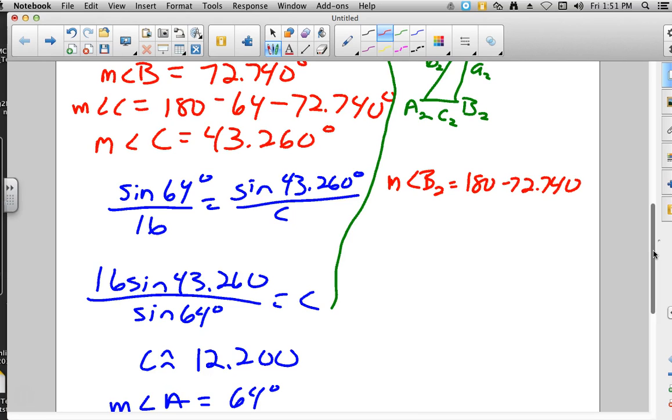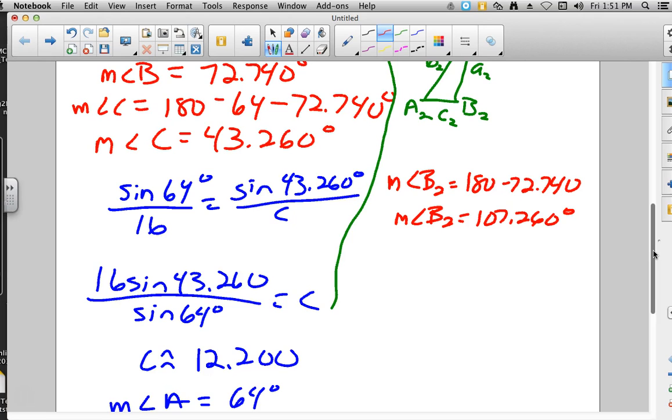And like I talked about in class, I'm kind of ultra conservative, so I went ahead and typed back in all the information that we had for angle B over there so that I could have it in my calculator as perfect. And then the measure of angle B sub 2 to 3 decimal places is 107.260.